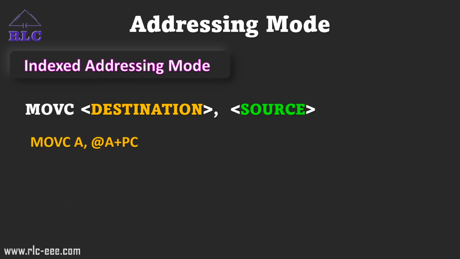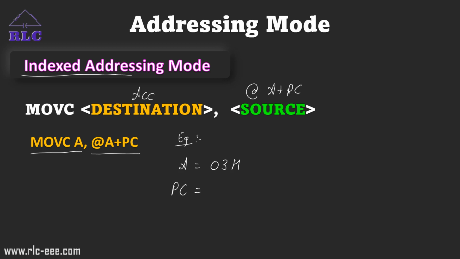We have one more instruction which is present in index addressing mode, that is MOVC A, @A+PC. Destination should be always accumulator. Then here the source is @A+PC. PC means program counter. Now we'll go with an example. Assume the accumulator is having 03H, then program counter before executing this line of code, assume it is having 0033H.